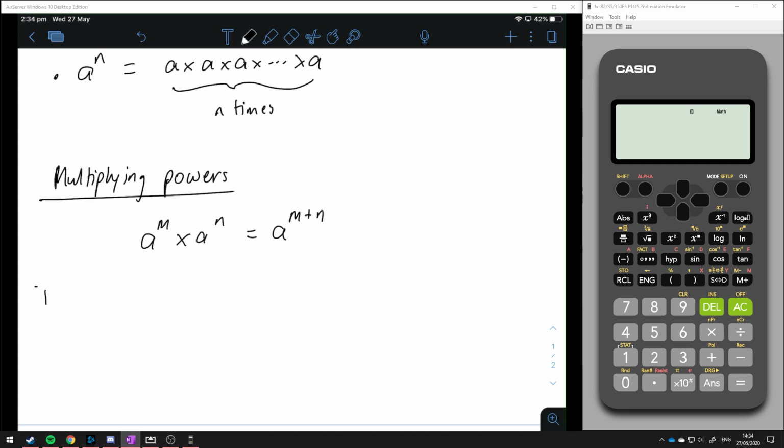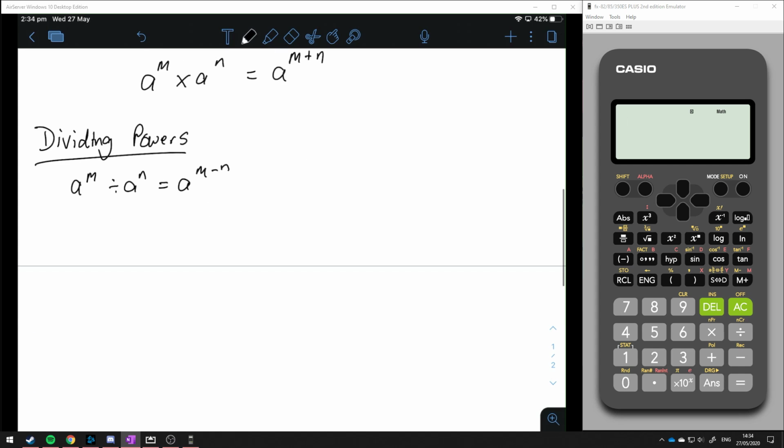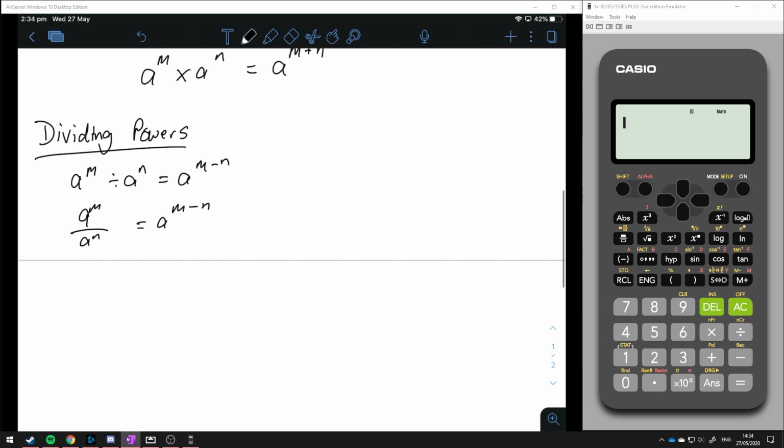And to divide powers, a to the m divided by a to the n is equal to a to the m minus n. Or alternatively, a to the m over a to the n is just equal to a to the m minus n. So a fraction is just division.